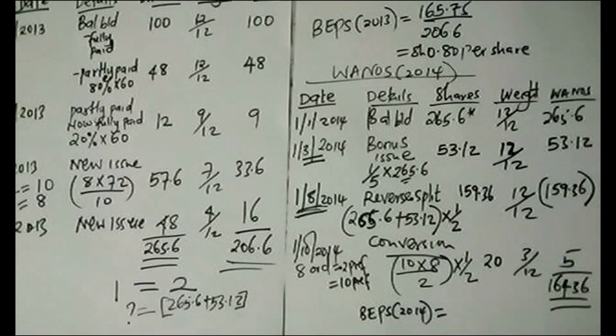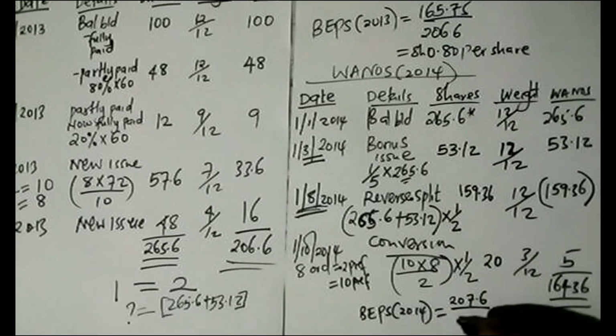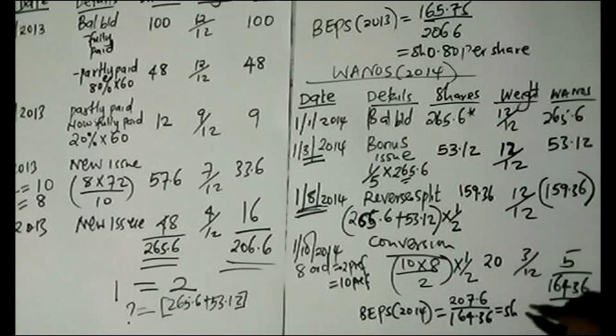So 207.6 you divide by 164.36. That is shillings per share. I divide 207.6 by the answer, so I'm getting 1.26 per share.